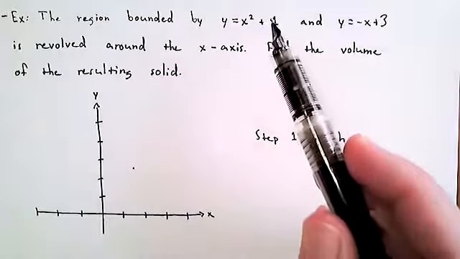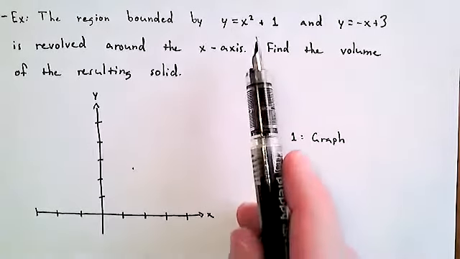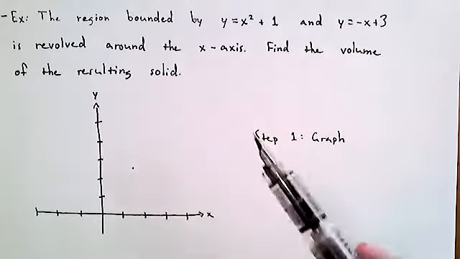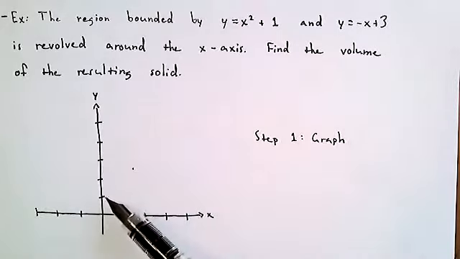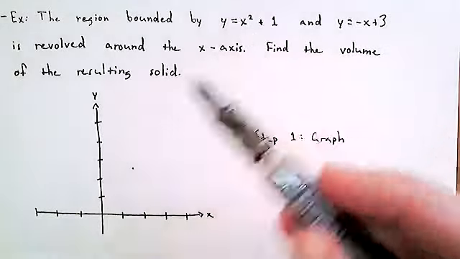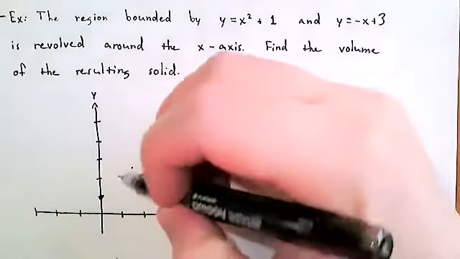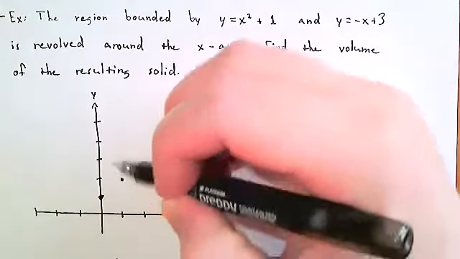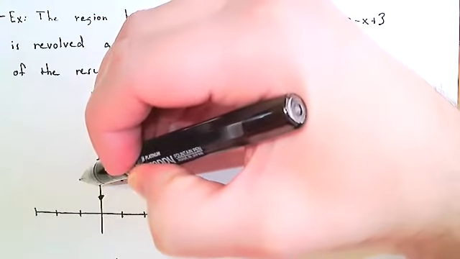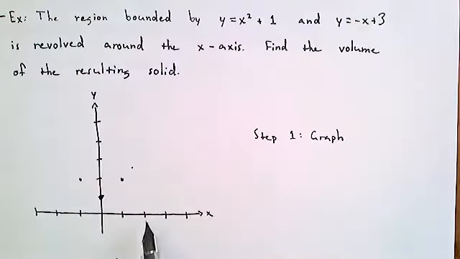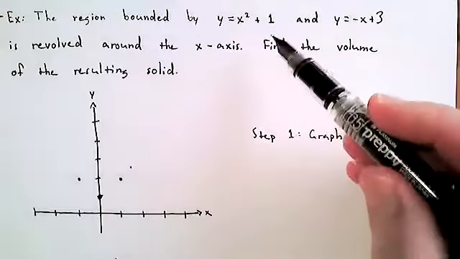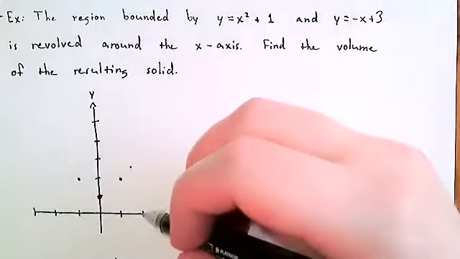We have a parabola, a very simple parabola, x squared plus 1. And you can graph it by plugging in a few points. If you plug in 0, you get 1. If you plug in 1 or minus 1, you'll get 2. And if you plug in 2 or minus 2, you're going to get 5 out of the formula.